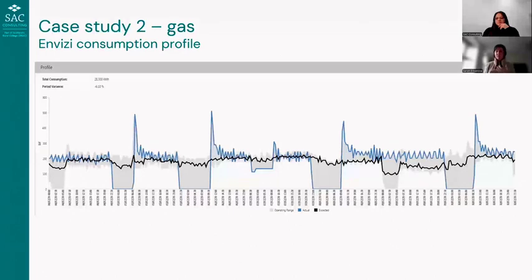Thanks, Louisa. So this is what I saw on the Envisi platform using the smart metering, and just to explain what you're looking at, the blue line tracks the actual consumption that was recorded for the second week that I showed the data for in the previous slide in the table.